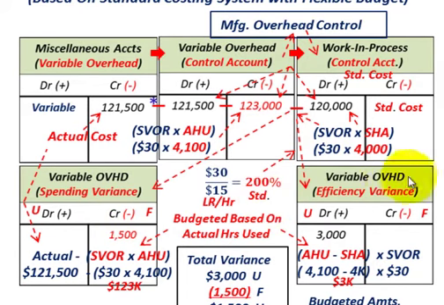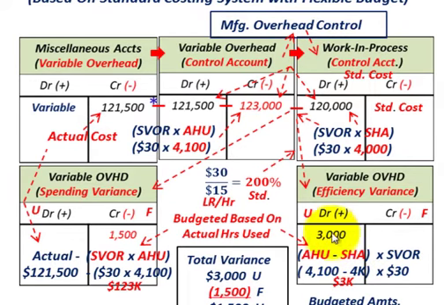Now moving over to our variable overhead efficiency variance. Again, it's based on the actual hours used versus the standard hours allowed. To determine that, you take your actual hours used, subtract the standard hours allowed, and multiply by your standard variable overhead rate. So actual hours used, 4,100, less the standard hours allowed, 4,000, times $30 gives you $3,000.